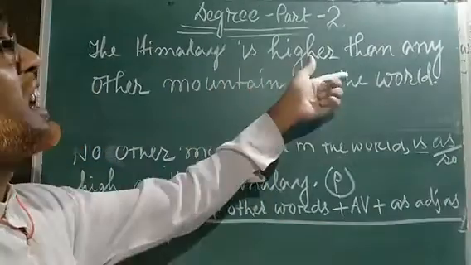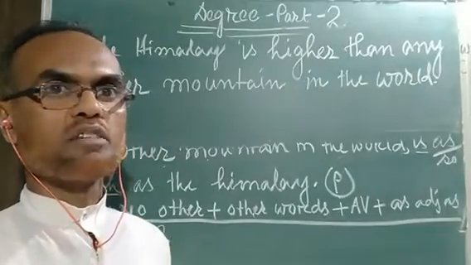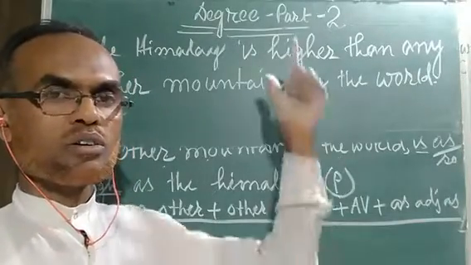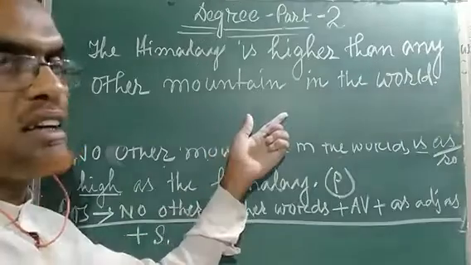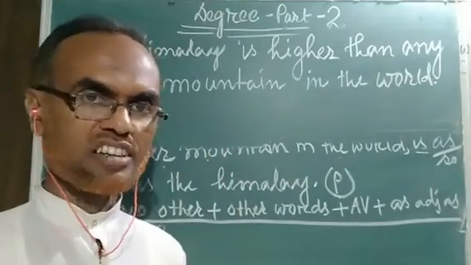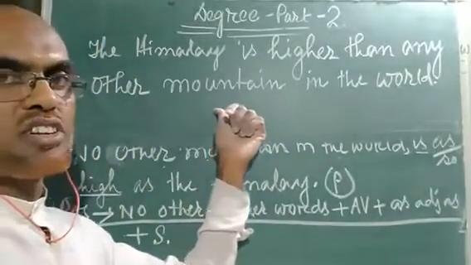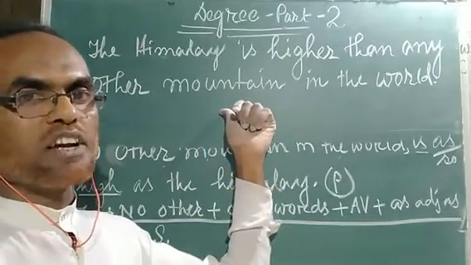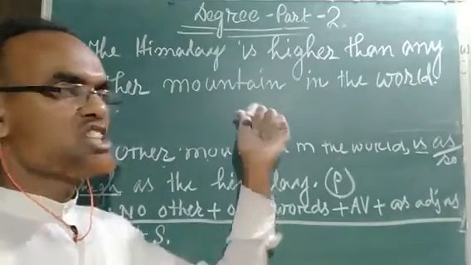Himalaya is higher than any other, कोई भी any other mountain से Himalaya higher है. तो इसका मतलब क्या है? इसका मतलब Himalaya is the highest mountain in the world. That sentence turns to comparative, but the meaning is the same.